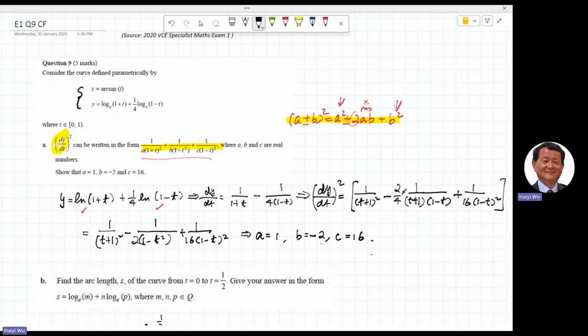When I square it, we make sure we're using the perfect square. So I'm expanding the square: that's a squared, minus 2 times a times b, plus b squared. That's how we expand the brackets.